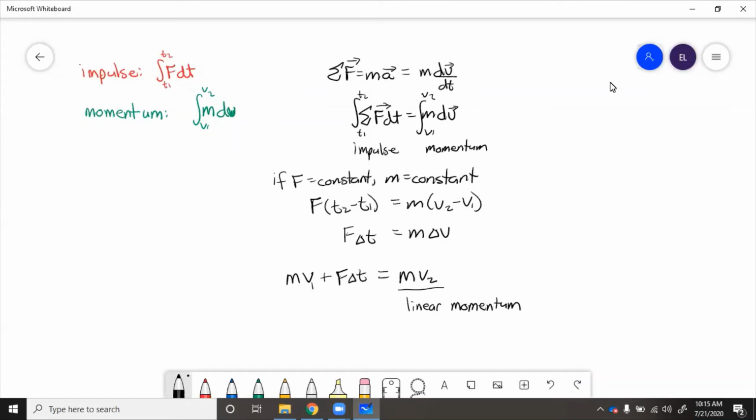Then for two things going at the same speed, the bigger one will have more momentum. And for two things that are the same size, the faster one will have more momentum. So if m is constant and v goes up, momentum increases. If v is constant and m goes up, momentum increases.